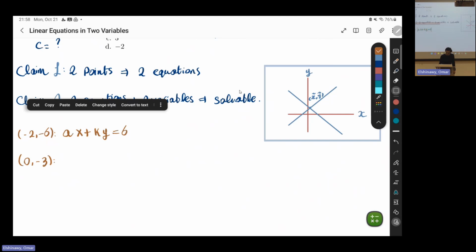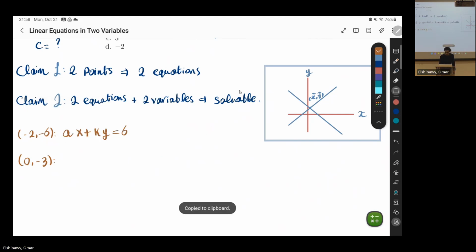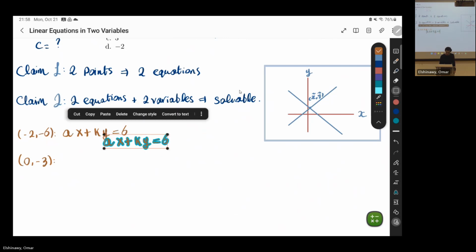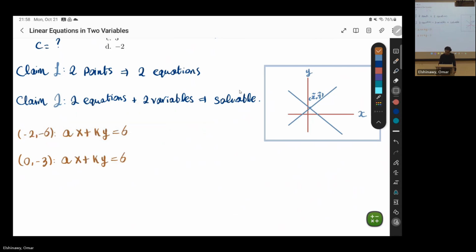The skill you need to know here is just to know how to plug in. So this is x, and this is y.